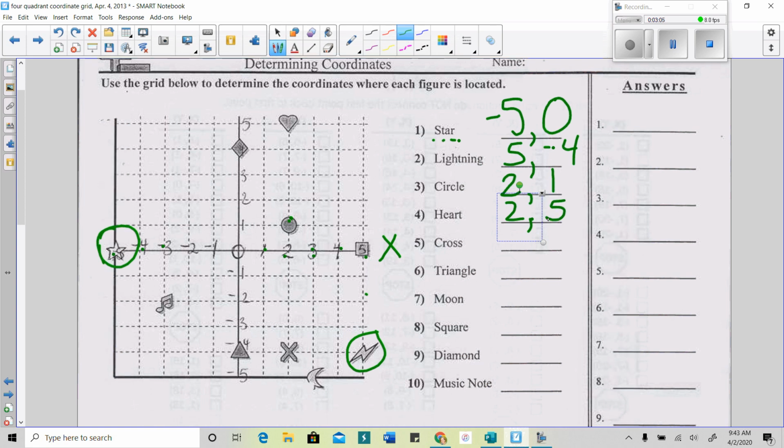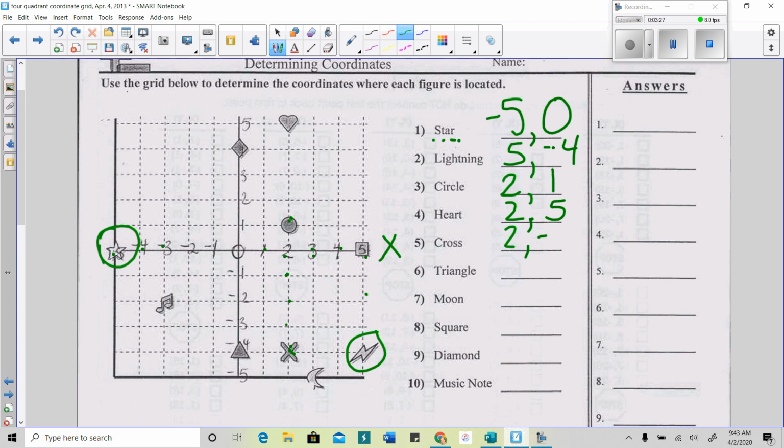So next I'm going to go to the cross. So the cross, or this thing that looks like an X, is what it's talking about right here on the bottom. So I start at 0 and I go to the right 1, 2, or +2. And then I'm going down. So as I go down, these are negative numbers. So I'm going to go down 1, 2, 3, 4.